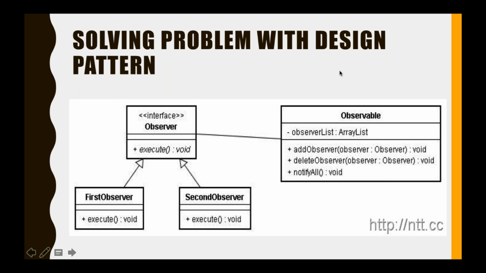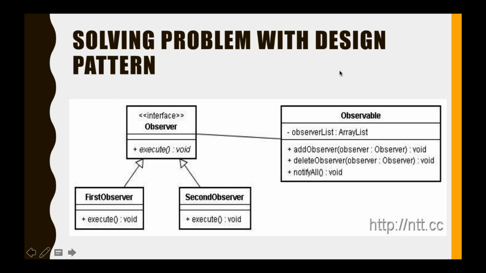Every class has to declare a method called execute, and there will be an observable, which we also call the subject, which holds the list of all the observers. It can add an observer, delete an observer, and notify all the observers. In notify all, we call all the observers in the list about the new data.